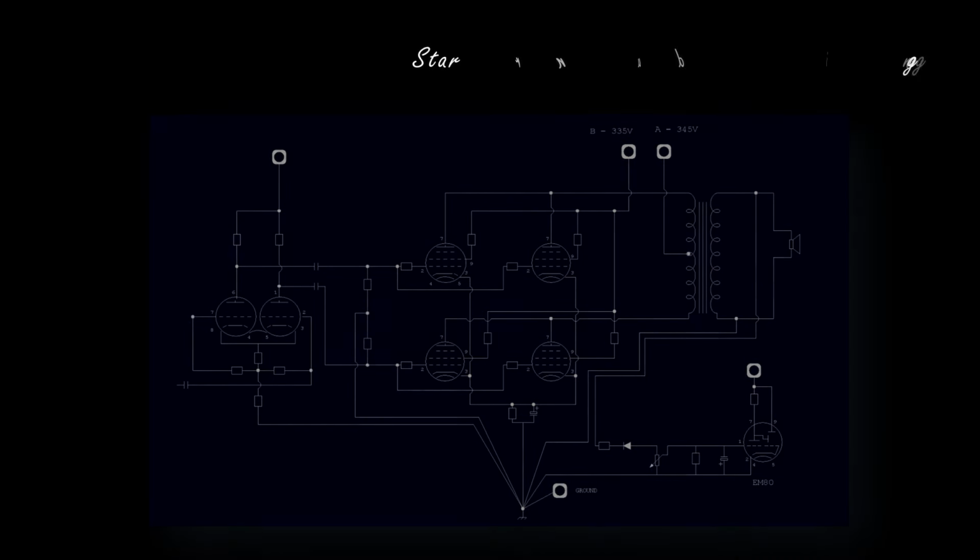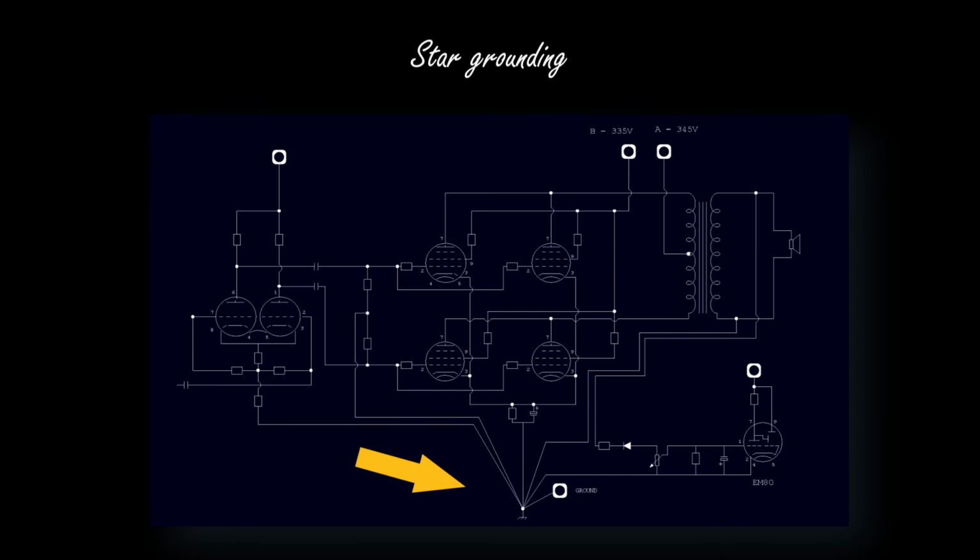The first solution is to implement a star ground. The objective is to minimize, to kill every ground loop. So according to this star ground layout, we should have a single grounding point, maybe at the center of the device. Each and every ground within the amplifier should have its own wire to the central grounding point.